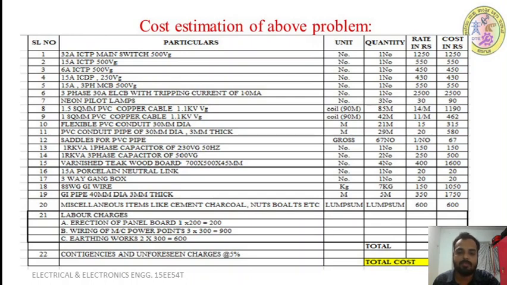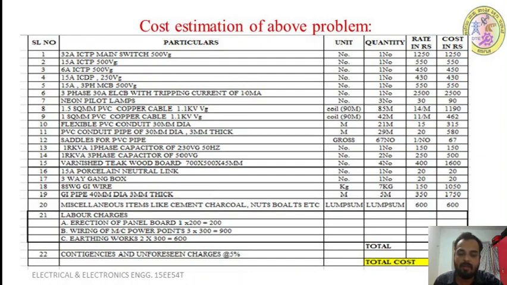Next we have to calculate the labor charges. You can see here the labor charges. For erection of the main panel board, we have considered 200 rupees. Wiring of machine power points: there are 3 machines, and for each machine wiring we have taken 300 rupees, so 3 into 300 is 900 rupees.